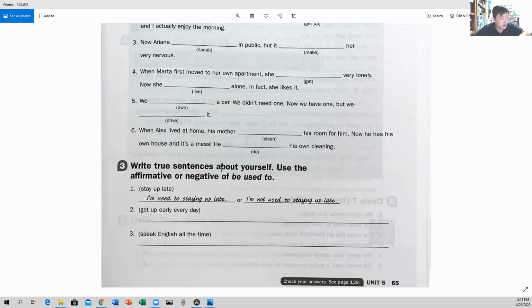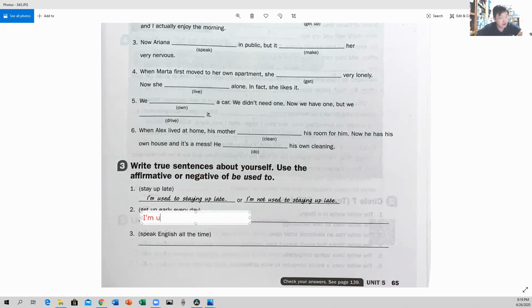Write true sentences about yourself. Use the affirmative or negative to be used to. So to be used to, okay? You stay up late. I'm used to staying up late, or I'm not used to staying up late. So number 2, get up early every day. So in my case, this is something true, so I use the affirmative.